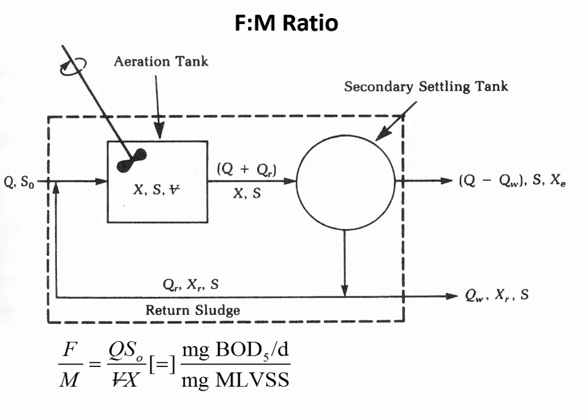So the food is on a mass per time basis. The amount of microorganisms is the volume of the reactor, the aeration basin, multiplied by X, which is the concentration of microorganisms.